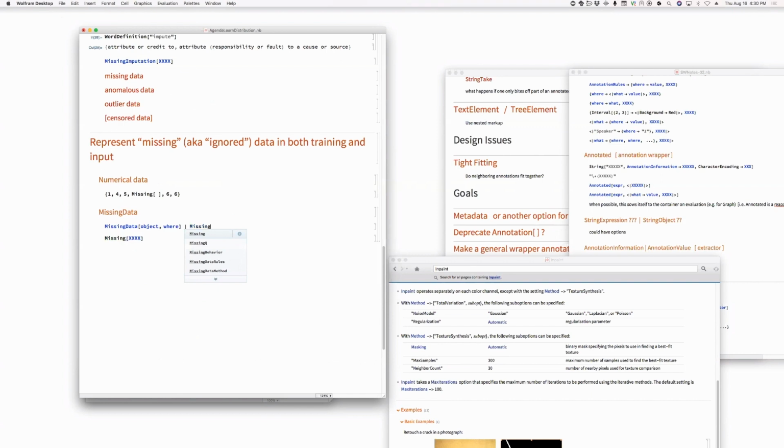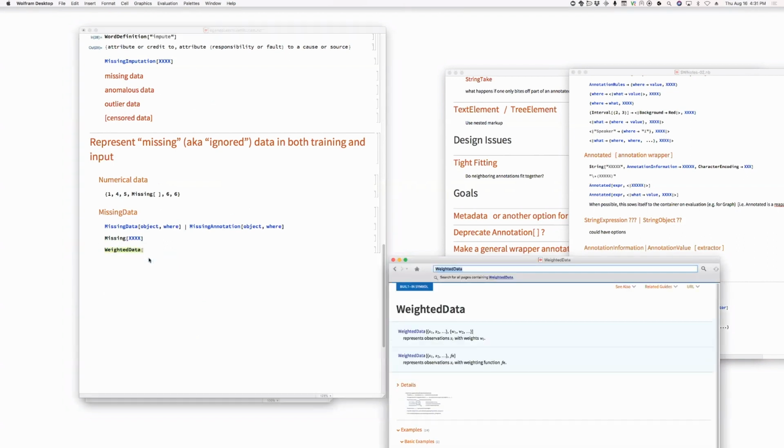Yeah, actually, if we have an annotation... we have a bunch of things, like weighted data, censored data, which have additional information associated with them. Okay. But then one question is, how do you combine these things? Yeah, that's a good question.